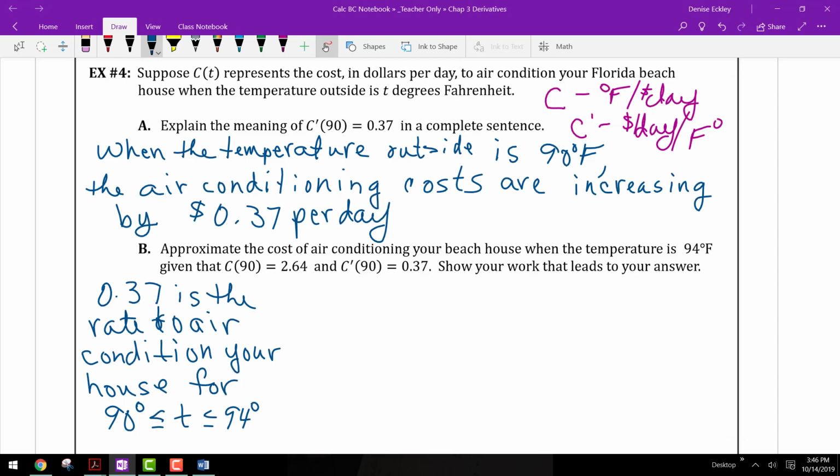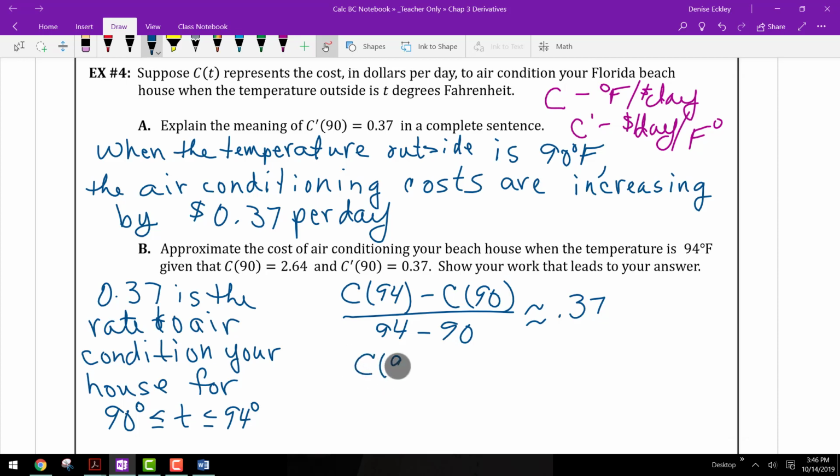Okay, so we're going to make an approximate average rate of change here. So we're going to say C of 94 minus C of 90 over 94 minus 90. This is approximately equal to that 0.37. Okay, so because that's a rate, we're using a difference quotient formula for that.